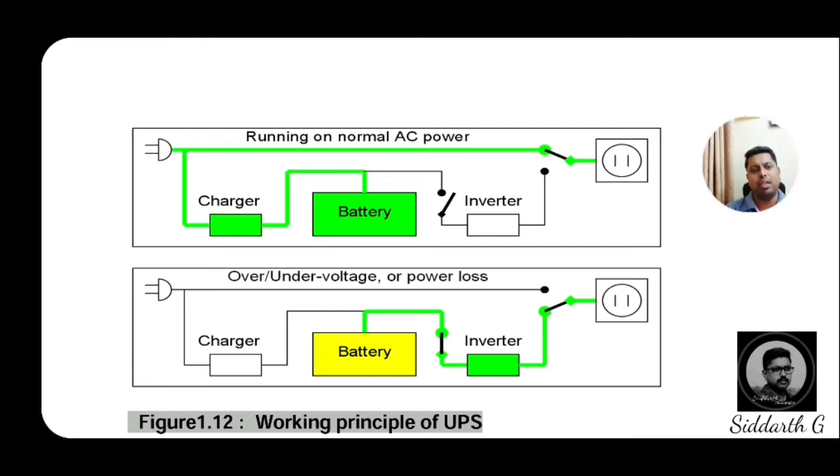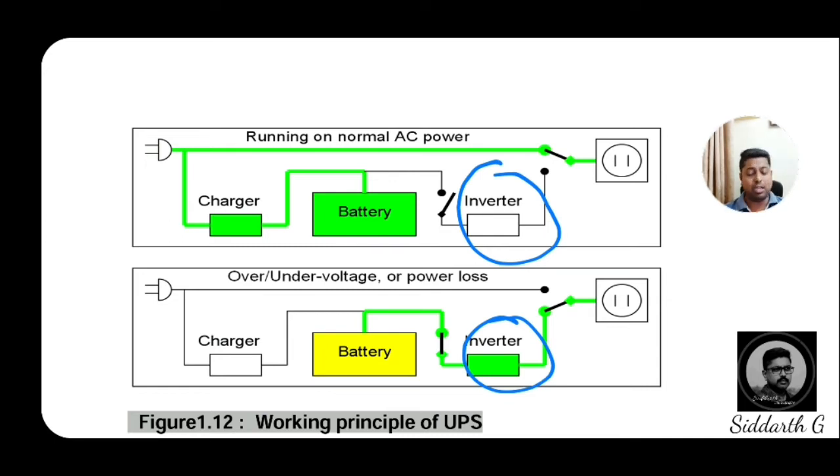Here in this diagram the inverter is present, but in offline UPSs there is an absence of an inverter, because these types of UPS are manually operated, not automatically turned on and off. That is an offline UPS, manually operated by a human, like generators.